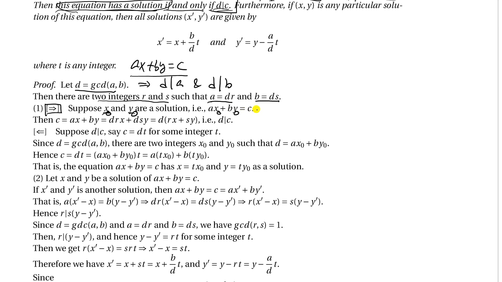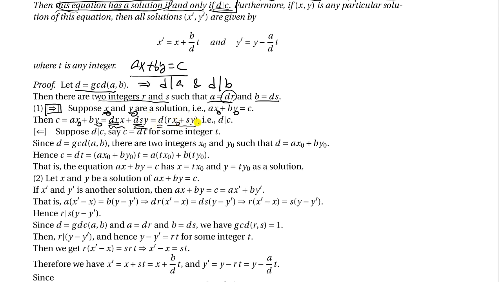Then instead of a we can put dr, and instead of b we can put ds. Both terms have d as a common factor, so let's factor out d.